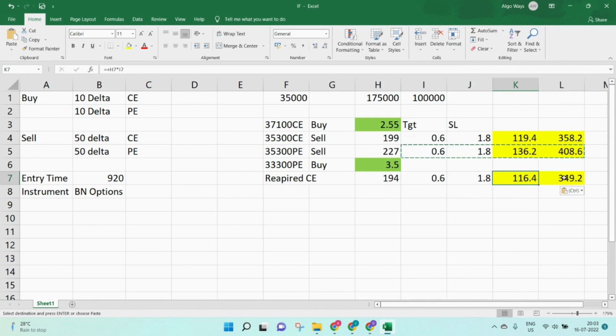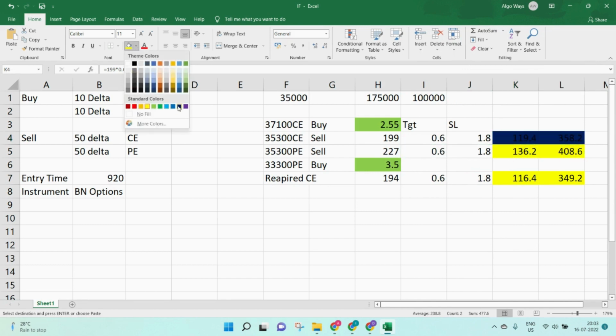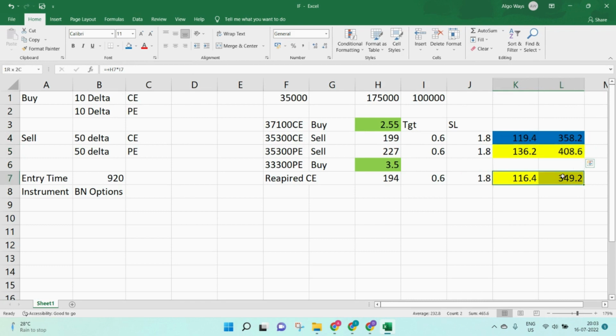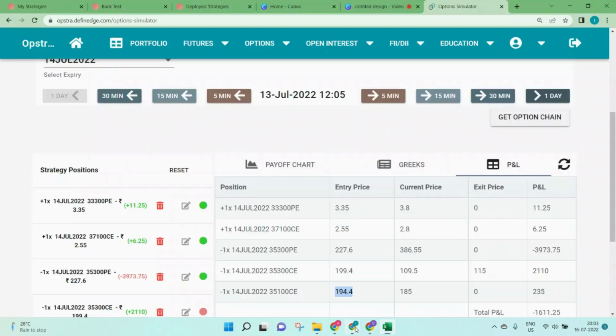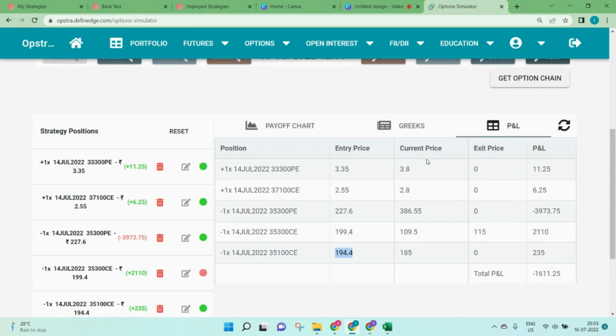So 116 and 349 are the levels. So this is out now. This has gone. This is out. Now we are playing with these two, PE and CE. 408 on upside and 116 on downside. 349 on upside and 136 for downside. So we'll keep doing the adjustment further.